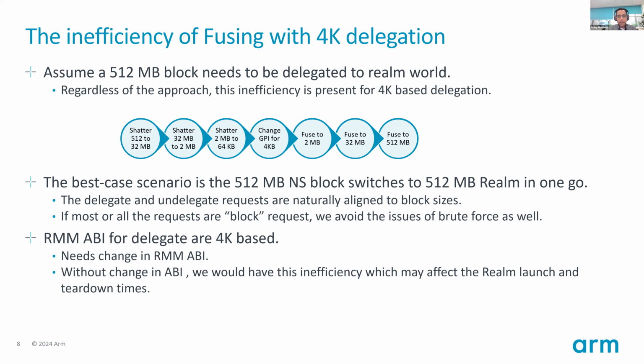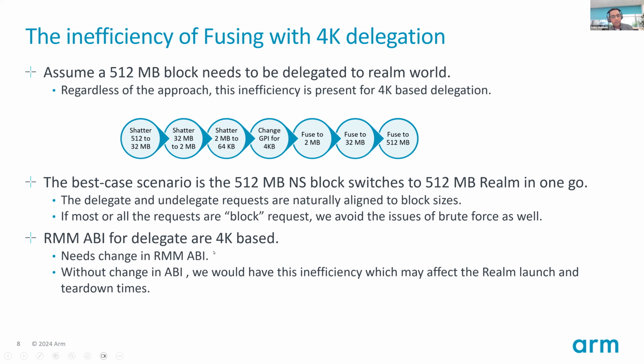Now, if we were able to do it in one go, then we could have done it as a single request, and we think that some of the issues with brute force are also avoided since we are not shattering and fusing. All of those issues with unsuccessful lookups as part of fuse are not present.